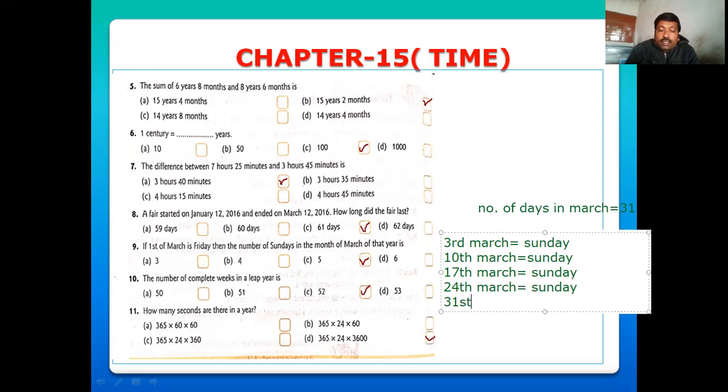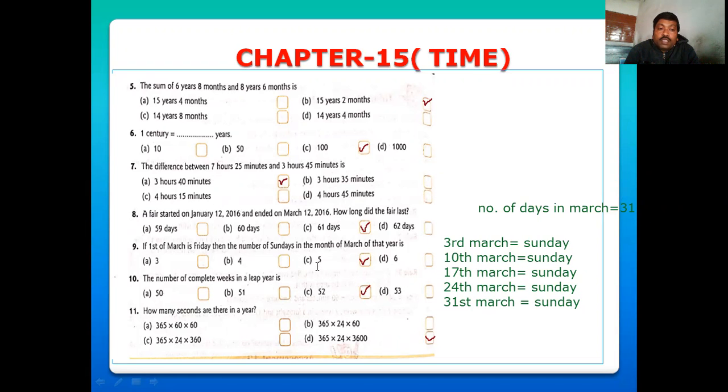And 31st March is Sunday. So here we see there are 1, 2, 3, 4, 5 Sundays. So in the month of March, when the first day is Friday, then the number of Sundays will be 5. So our answer will be C.